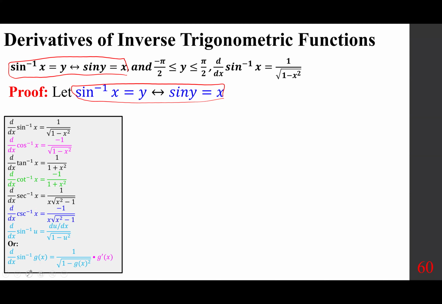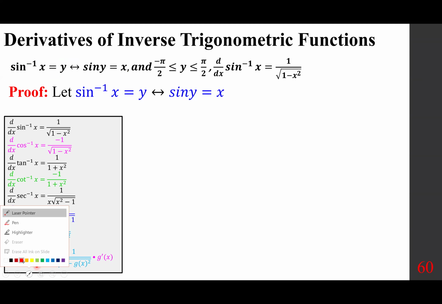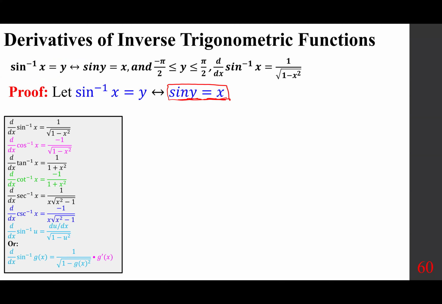So let me erase everything. Let's differentiate both sides with respect to x. I start with the right side because we know the derivative of x is 1. And this one, we do it implicitly. What is the derivative of sine y? Cosine y, dy dx. And that's the idea. I hope everybody's comfortable with that.